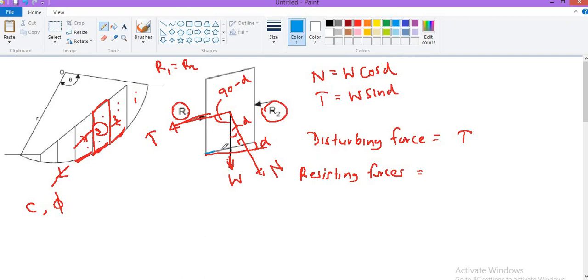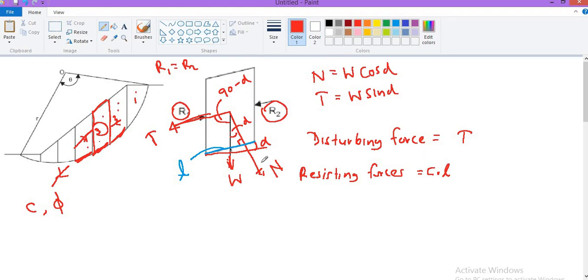So C acts on this slip surface. Let's say this length is L. So we can say it is C into the length L. That is one component, C.